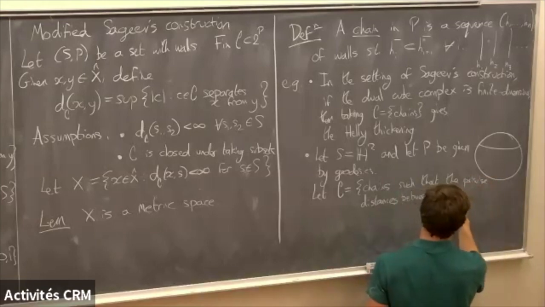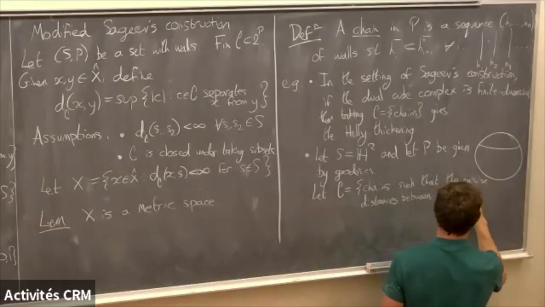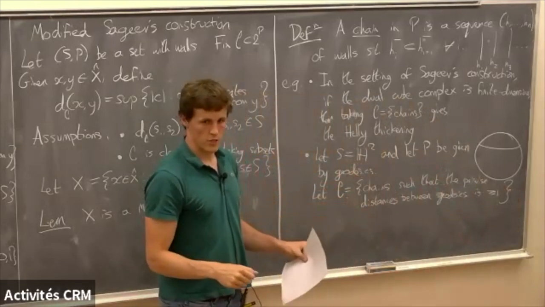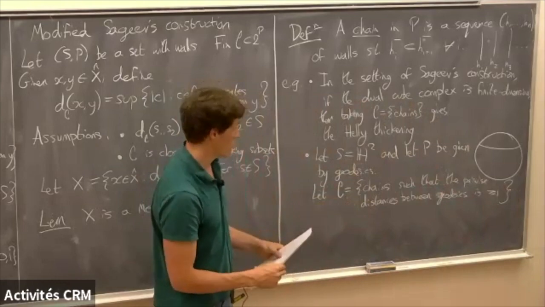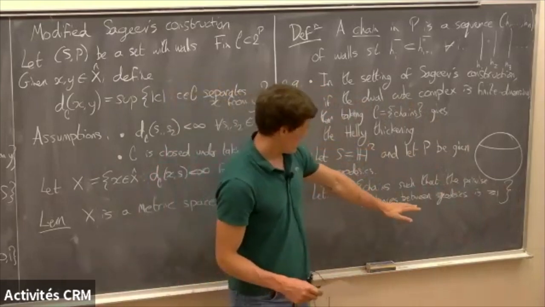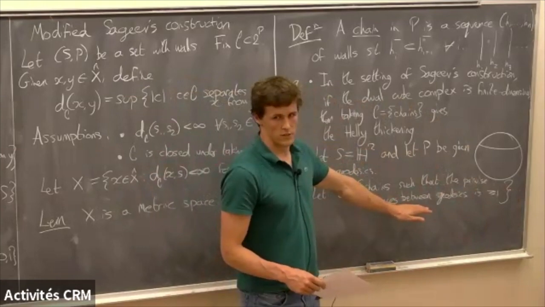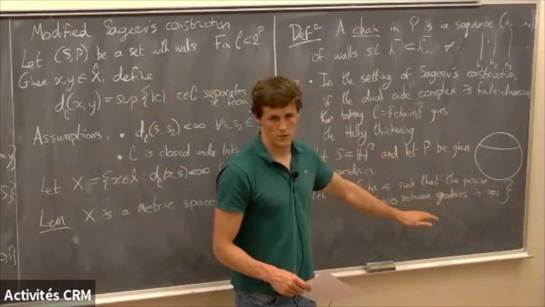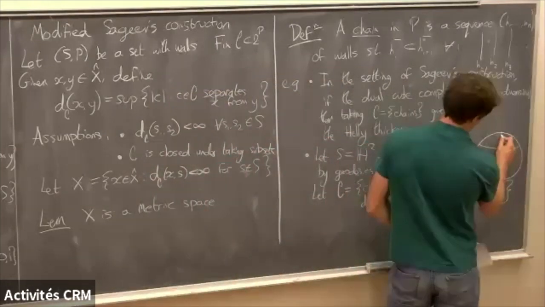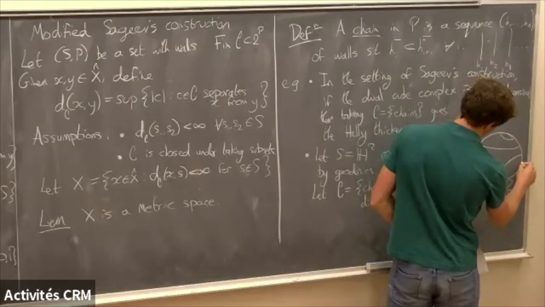Now if you take 2 distinct points in the hyperbolic plane, there's infinitely many geodesics that go between them, but a sequence of geodesics that are pairwise at distance at least 1 is finite, because they're bounded by how far apart the points are. So a chain looks like this, maybe.